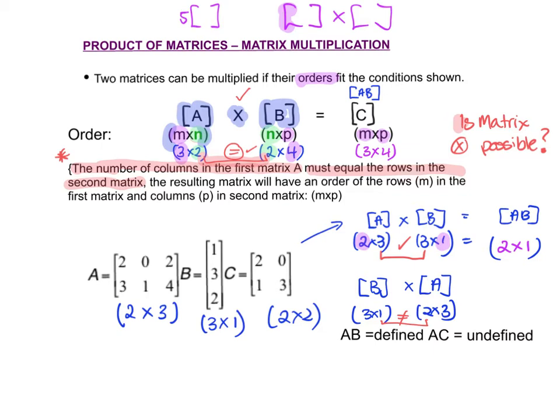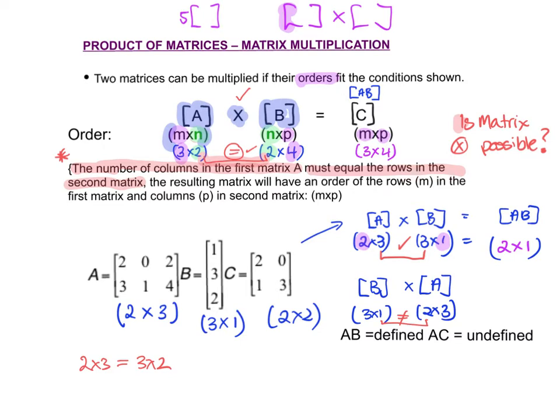Your calculator will say undefined, yeah? You can't do it. So that one is undefined. So can you see order is extremely important, which one goes first, for matrices? Because in normal maths, we can say 2 times 3 is the same as 3 times 2, isn't it? Yeah, but it's not in matrices.